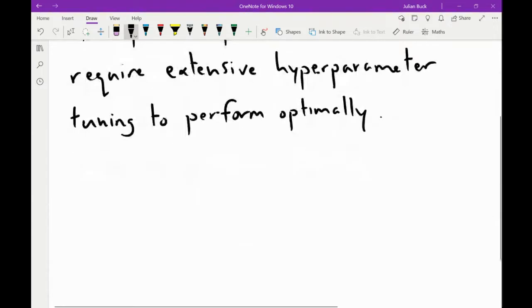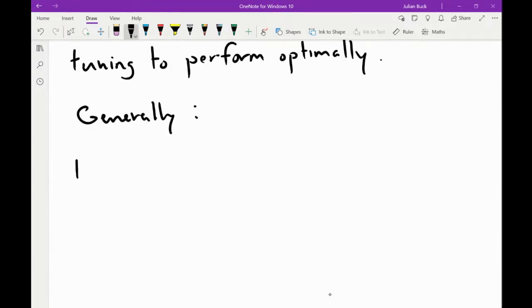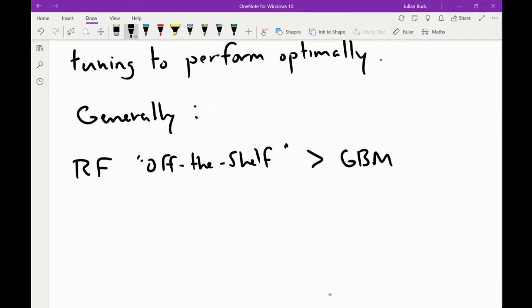So just generally, we made the following observation, which holds for most kinds of data sets. Random forest off the shelf, meaning without any tuning, outperforms gradient boosting machines off the shelf.